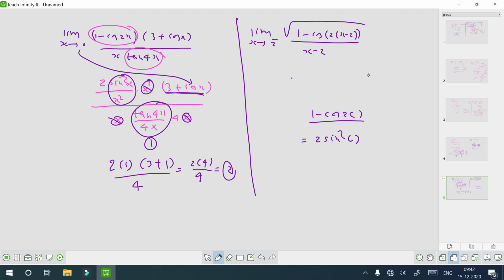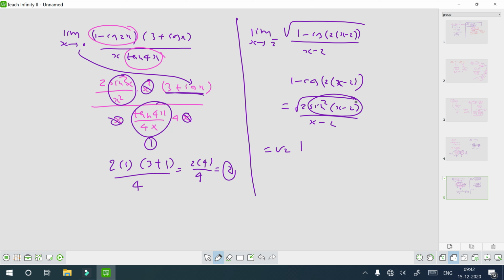Clear? So 1 minus cos 2 of x minus 2 is equal to 2 sine square x minus 2, and that is in square root over x minus 2. Root 2 outside. What can you say about square root of sine square of x minus 2? That is magnitude of sine x minus 2. Because if we remove square root, then we get plus or minus sign. So that is magnitude sign is there.